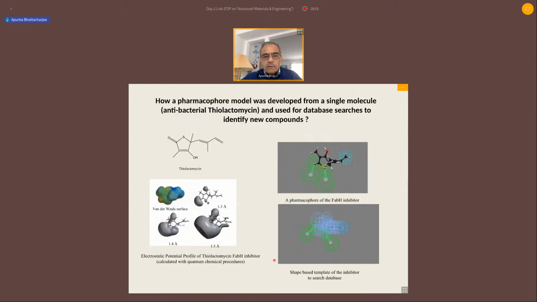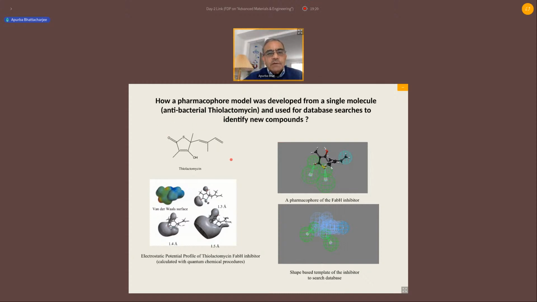All right. Now I'll go a little further with this idea, and how it can be useful for quickly identifying new classes of compounds. This was a part of the work which we did at Walter Reed: the antibacterial thiolactomycin, this is the two-dimensional chemical structure of it.